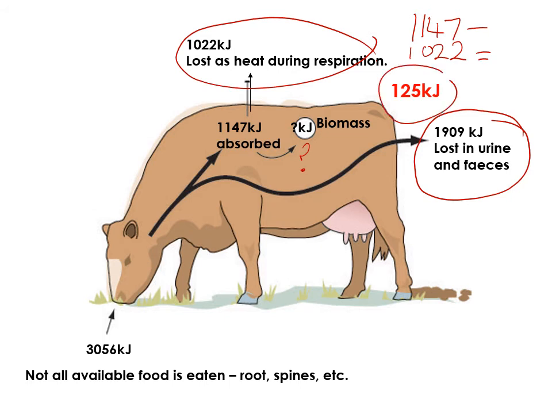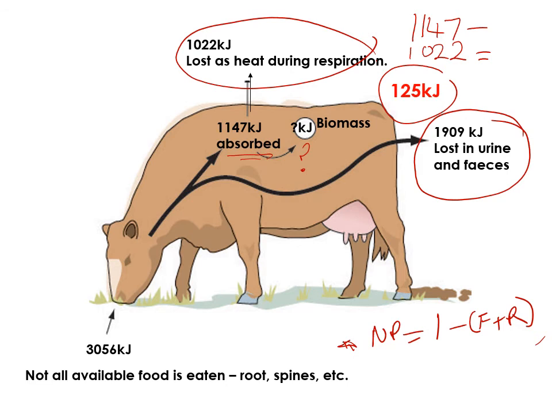So don't expect to just be given data in a straightforward way where you'd just be recalling, because they can give, like they did in this question, the data slightly differently. So we've got not the ingested food, but of the ingested food, what was absorbed. So it's not going to be as straightforward as learn that and just apply it. This is more giving you a context to work from, or a starting point to work from.